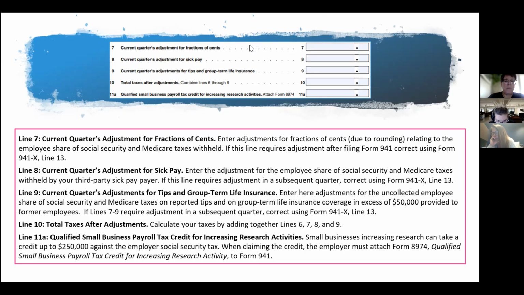They're going to get that premium back, and you're not going to end up collecting that Social Security and Medicare taxes that you've paid on that group term life insurance, because usually it gets sent back to them by the insurance company. The amount of premium that they paid will get sent back to them by the insurance company.